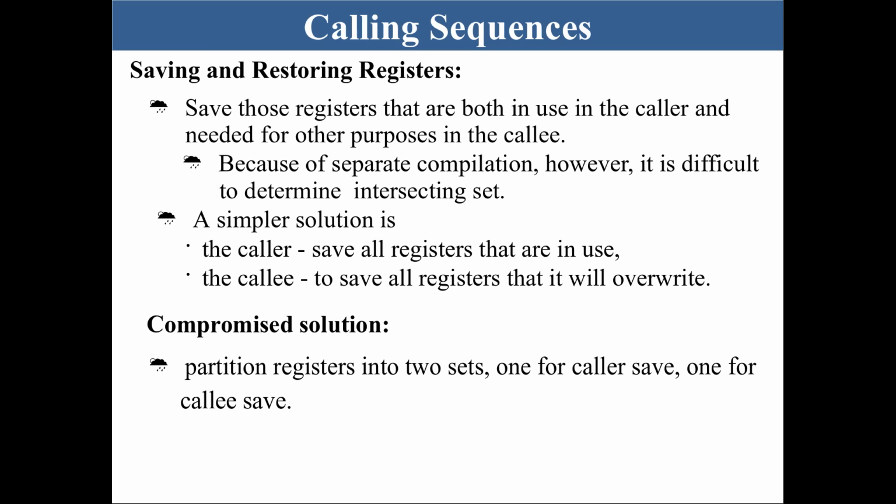A compromise solution is that registers not reserved for special purposes are divided into two sets of approximately equal size. One set is the caller's responsibility and the other is the callee's responsibility.